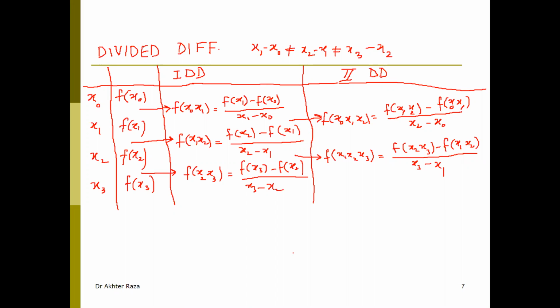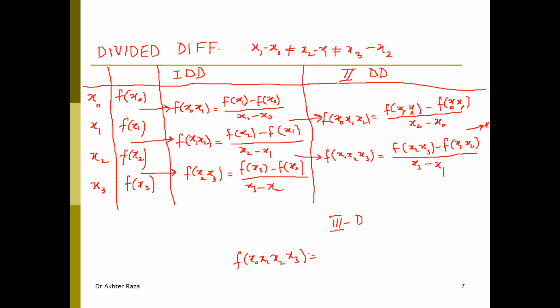I am writing the third order divided difference here. Third order, because I cannot construct a new column here on the right side. That column has only one entry in between these two. I'm just putting a star here. In the next column, I have this entry, f x naught, x1, x2, x3.